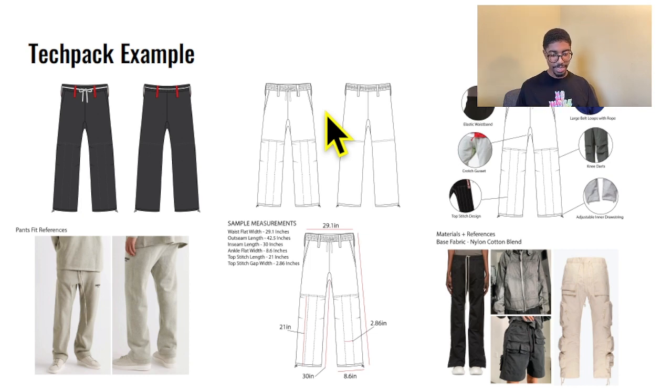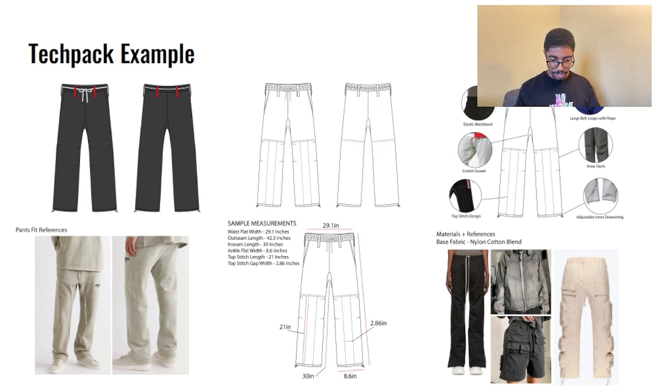To the right of that, you'll see that same white and black version, but it has call outs on it. So the call outs are those little circle bubbles, and they point towards the detail that they're referencing. And it has the reference photos in there that point to the exact detail that I'm doing.